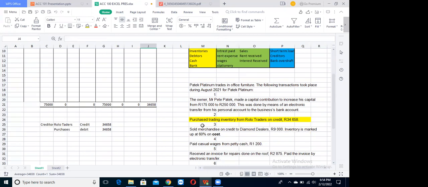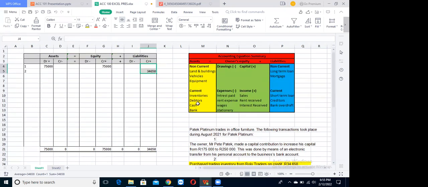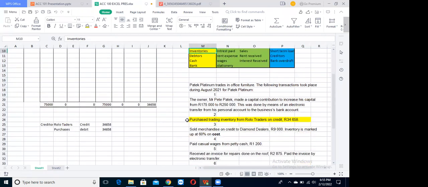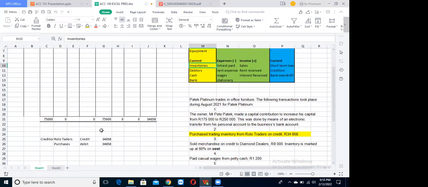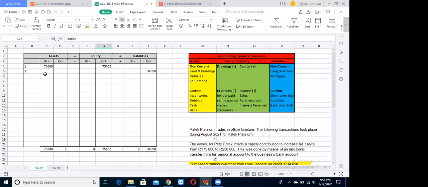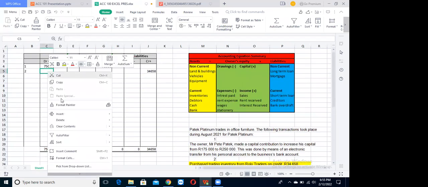We are purchasing inventory, and inventory is an asset which we find under non-current assets. So the same way we deal with inventories is the very same way we deal with purchases. So we come to debit the assets because we find inventories under assets, with the amount of 34,658.